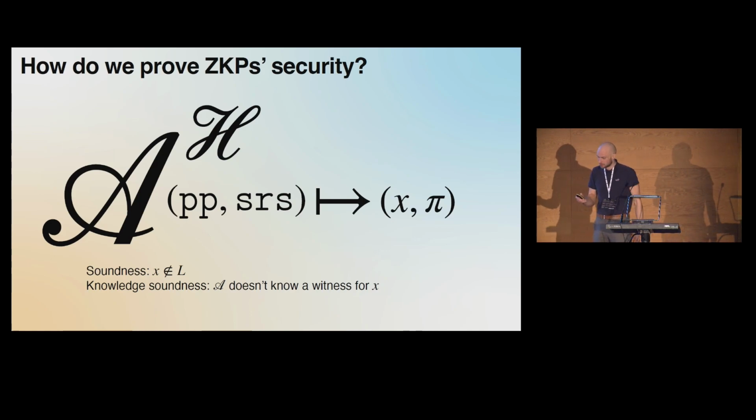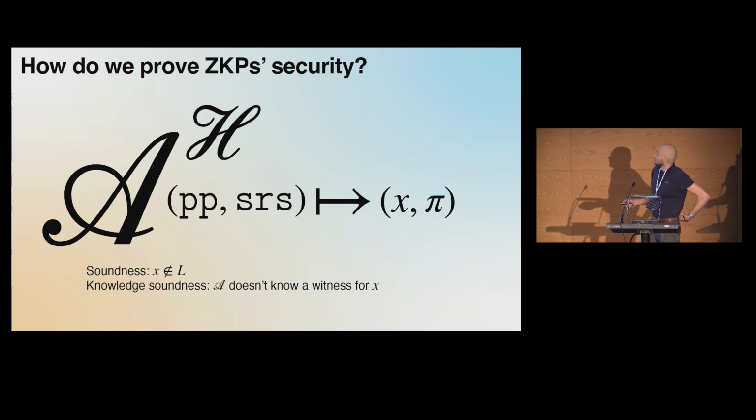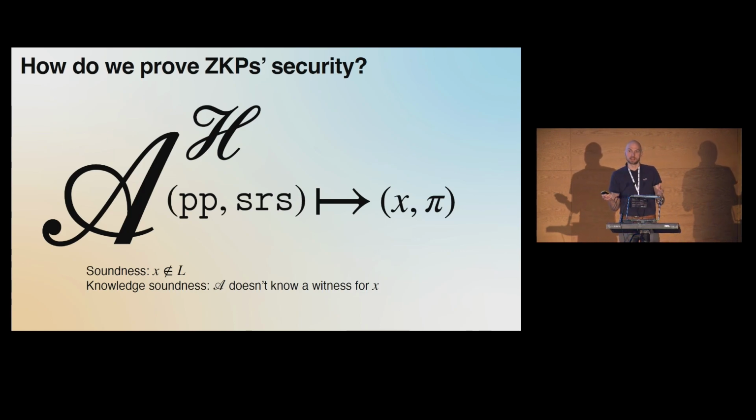Okay. So, the question is, how do we prove security of zero knowledge proofs? Security meaning how we make sure that the malicious prover cannot prove a false statement or make a valid proof for a statement he doesn't know the witness for. So usually what we have is some algorithm A, like an adversary, okay?